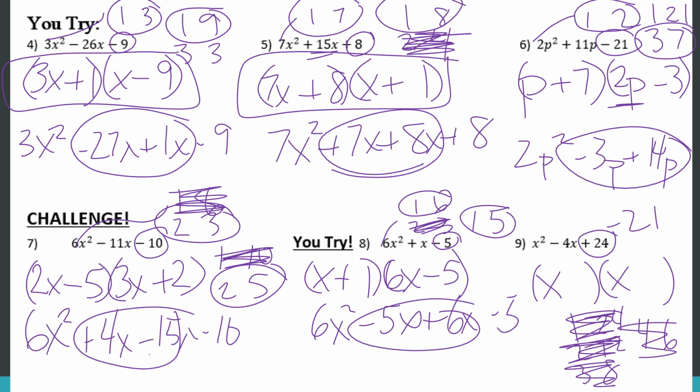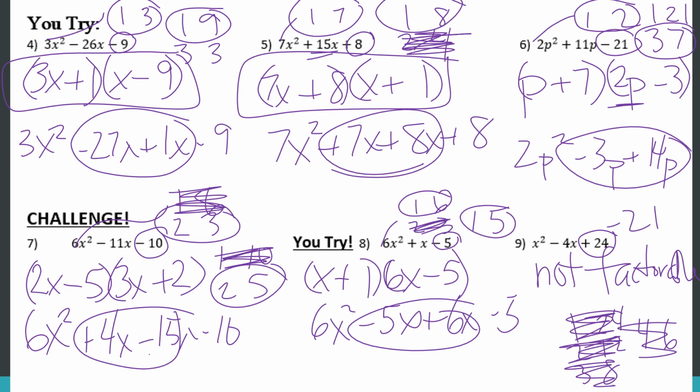Okay, so that will happen. We haven't really had this happen yet, but not everything can be factored with the factoring methods that I've showed you. So you would write not factorable.